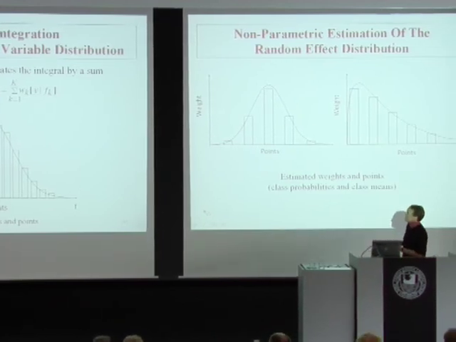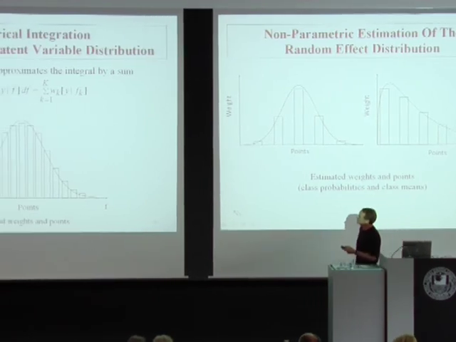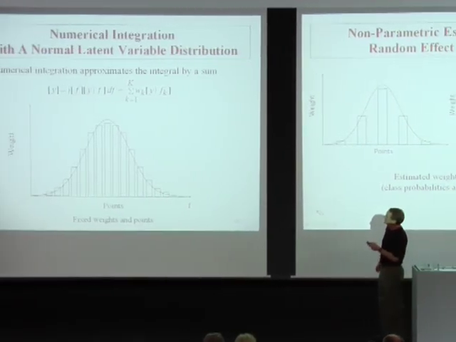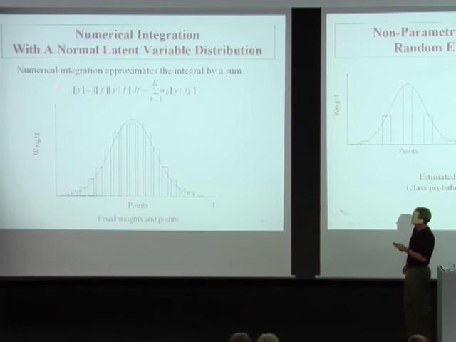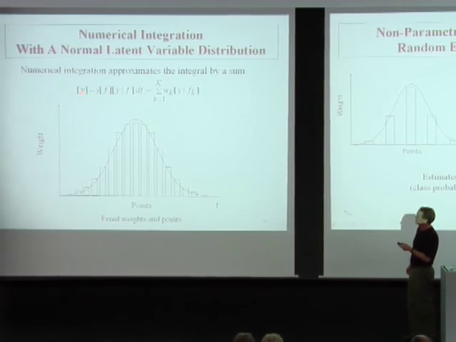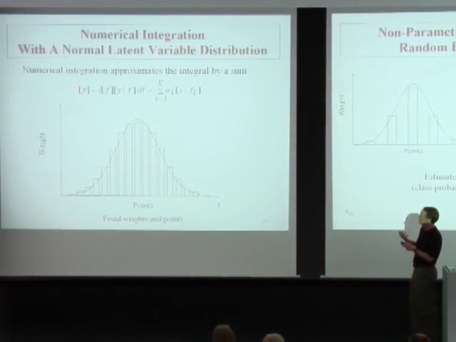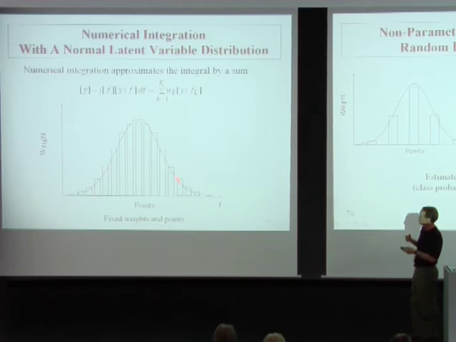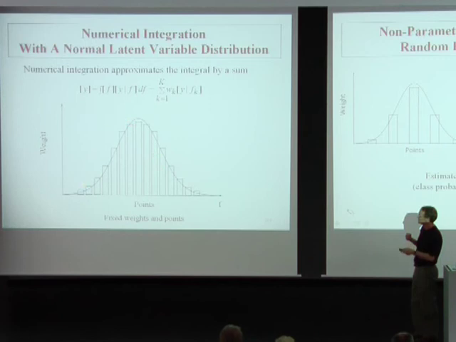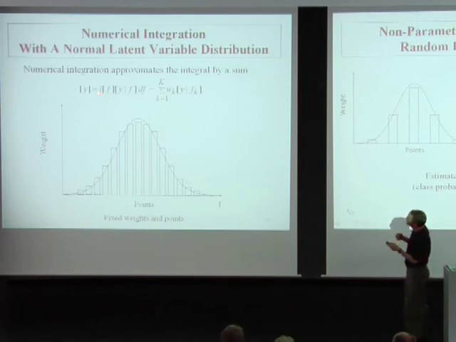So numerical integration is a way to express a density. This is a density for a y variable. Density in human terms means a distribution. You want to estimate or approximate a distribution that is, say, normal. You can do that numerically by replacing this integration by a summation over a certain number of points.